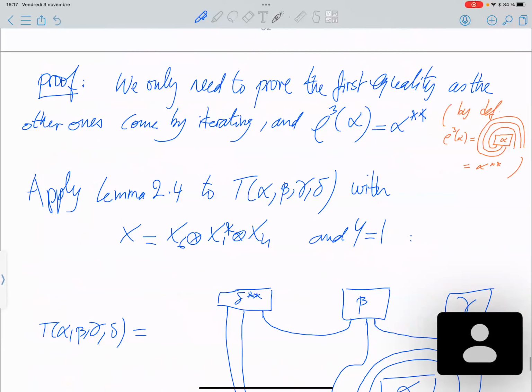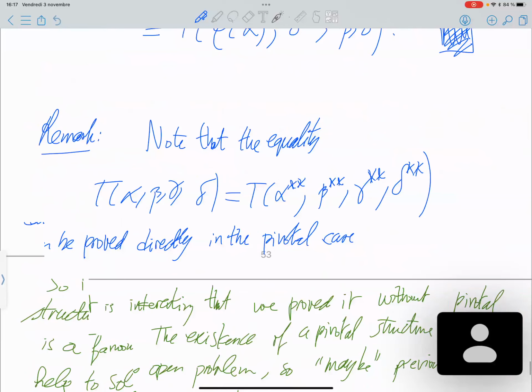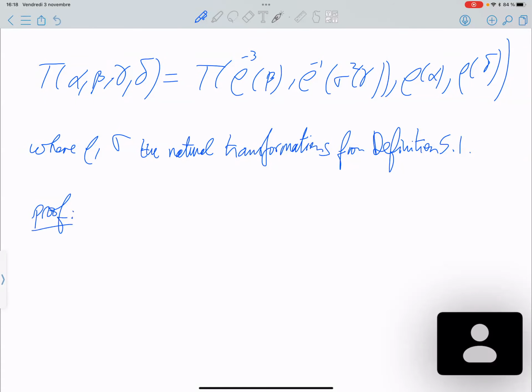Proof. So as I said, we will apply the spherical structure.